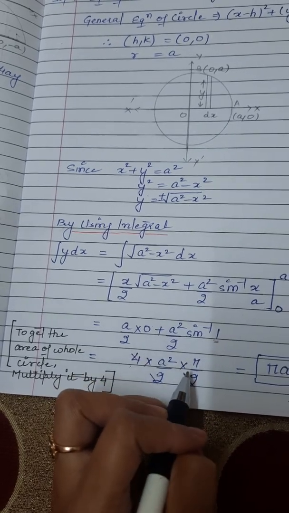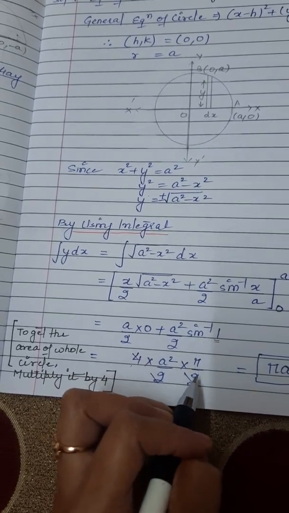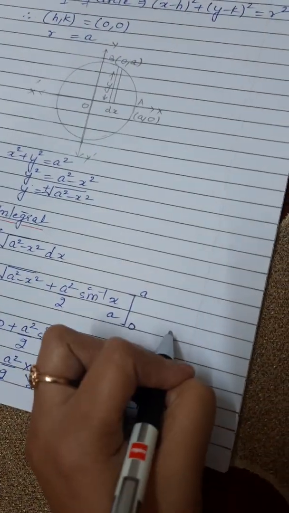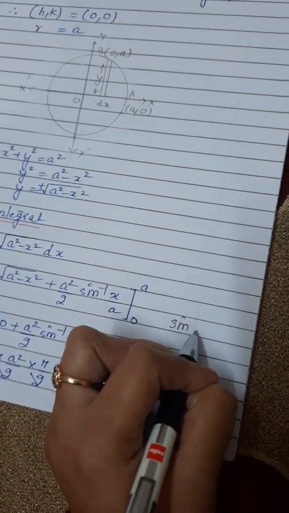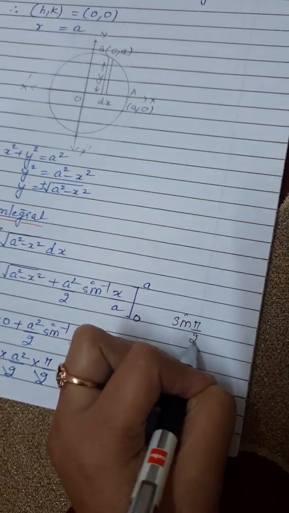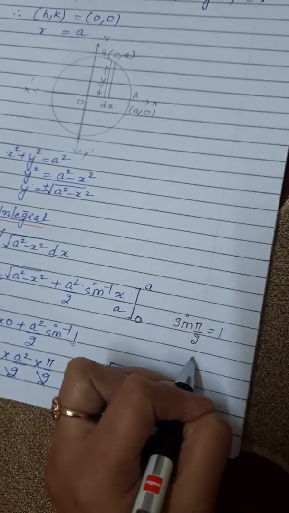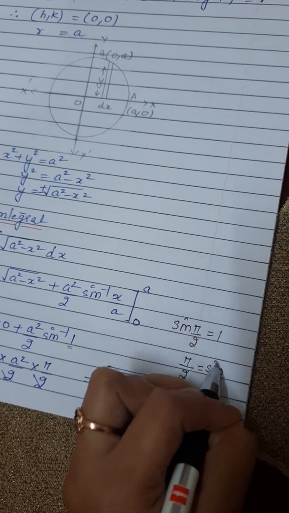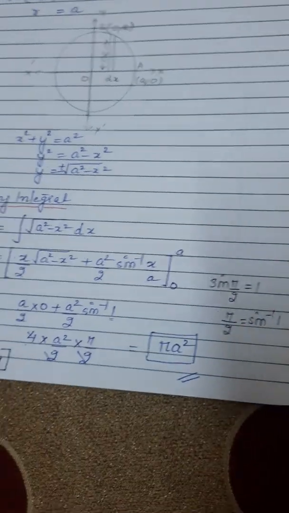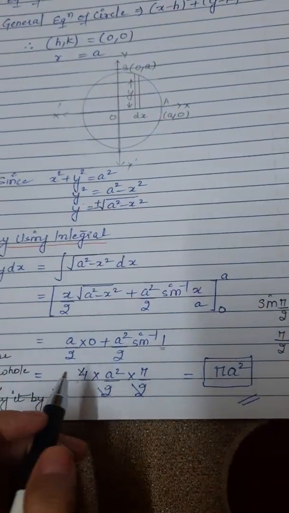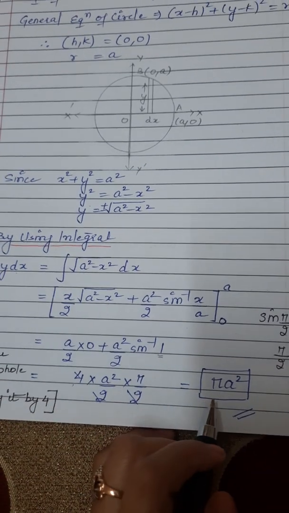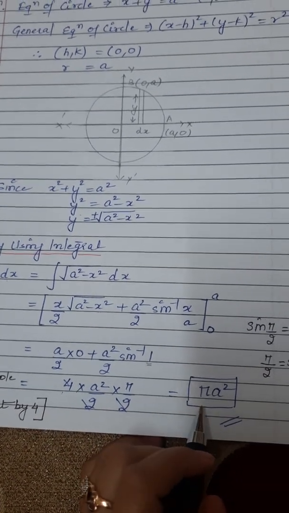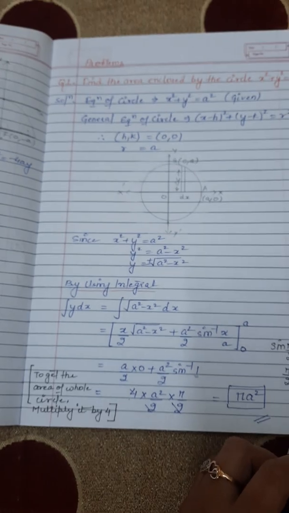Sine inverse 1 is equal to pi by 2, because we know sine of pi by 2 is equal to 1. It means pi by 2 is equal to sine inverse 1. So put this value here, you will get pi a square. That is the answer. Okay, thank you.